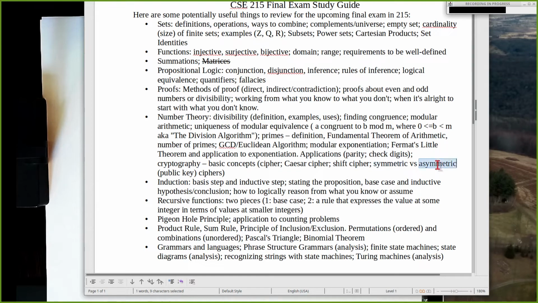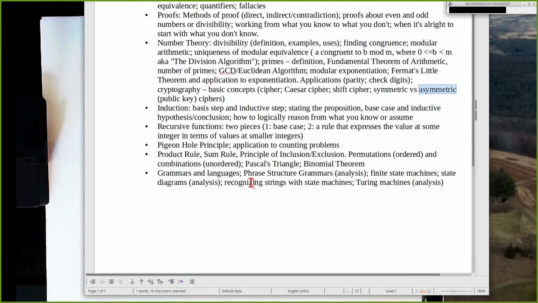An asymmetric cipher has two keys, one for encoding, one for decoding. And so these are called public key ciphers. You can publish the key that's used to encode, keep secret the key for decoding. And now everybody can send you coded messages. You're the only person who can decode them. So that's what makes the web work.